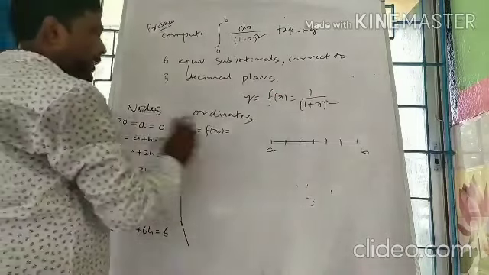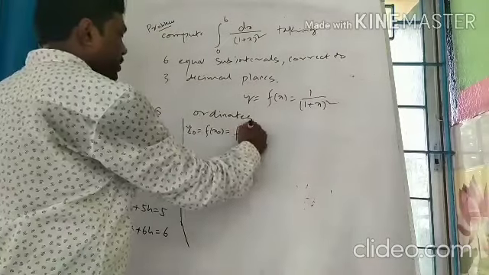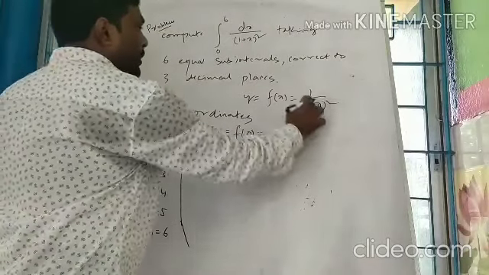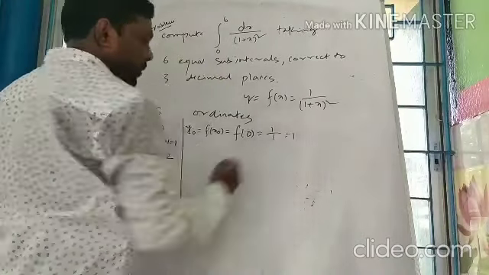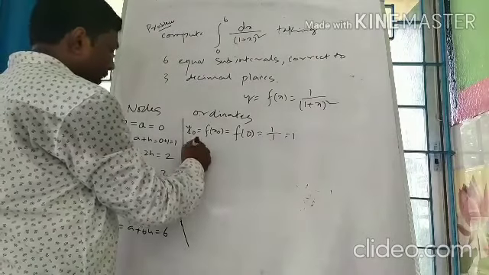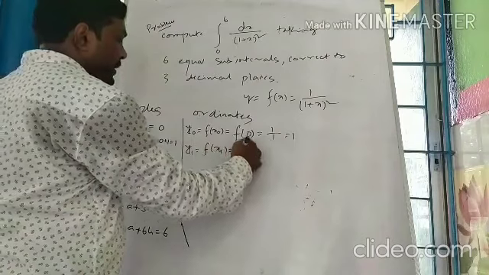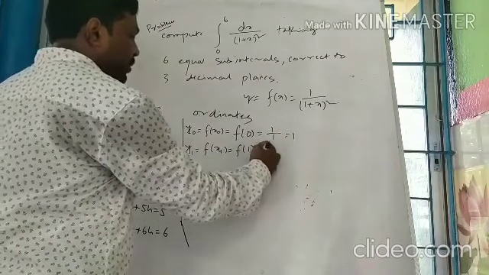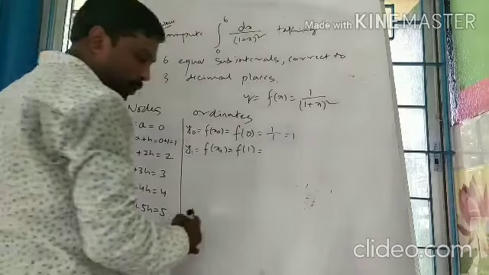So f of x0, that is f of 0, is 1 by 1 plus 0 square, so it is 1. So y0 is 1. Then y1, that is f of 1, is 1 by 1 plus 1 whole square, so it is 1 by 4, 0.25.